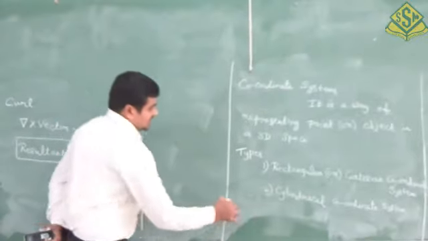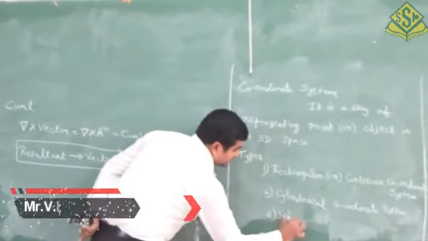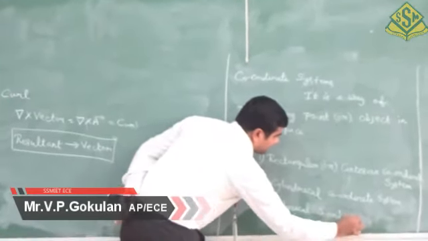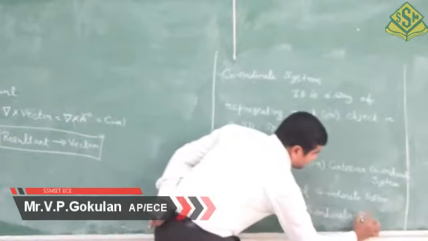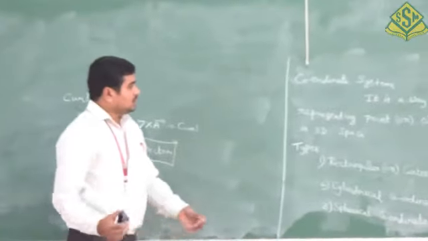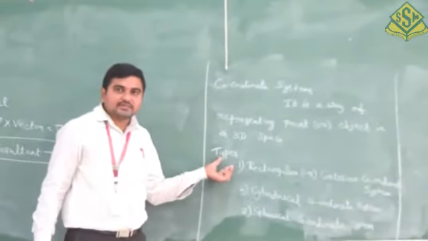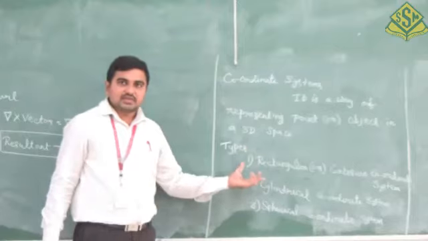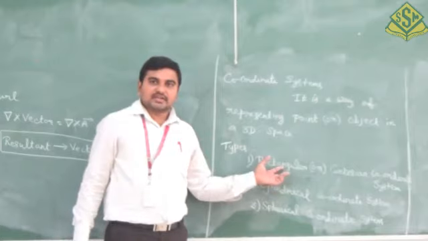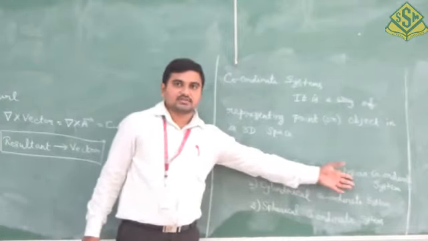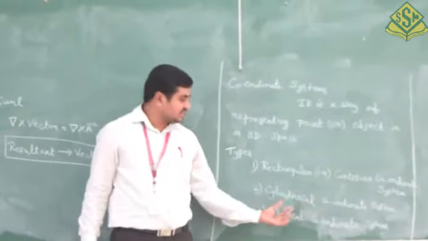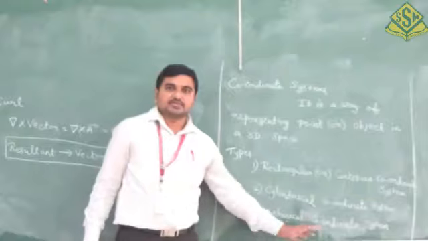The third one is the spherical coordinate system. If the three-dimensional space is rectangular in shape, that is the rectangular or Cartesian coordinate system. If it is cylindrical in shape, that is the cylindrical coordinate system. If it is a sphere, that is the spherical coordinate system.